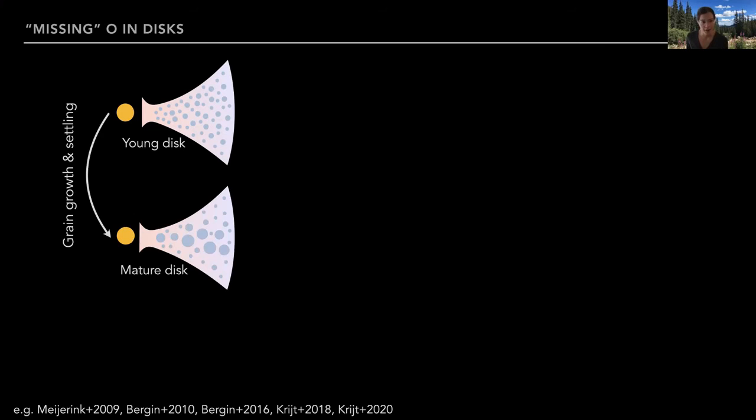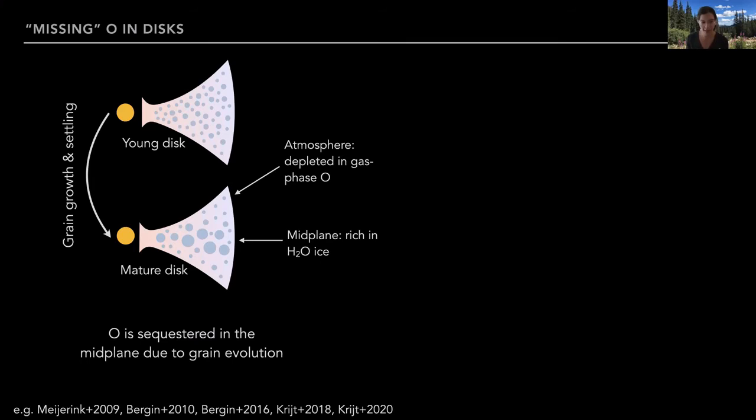And then as you have dust growth and settling to the midplane, these small particles carry their icy mantles with them, locking them in the midplane and leading you to have an atmosphere that's very depleted in gas phase oxygen, but a midplane that's very rich in water ice. So the takeaway here is that as a result of grain evolution, oxygen is sequestered in the midplane.